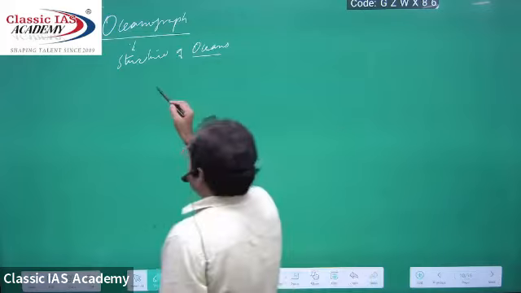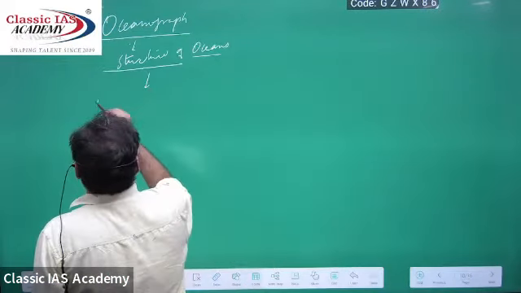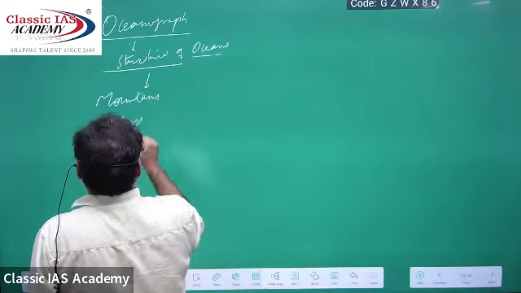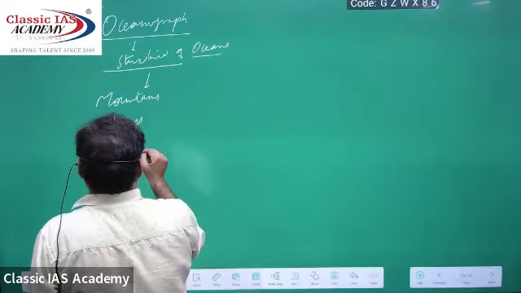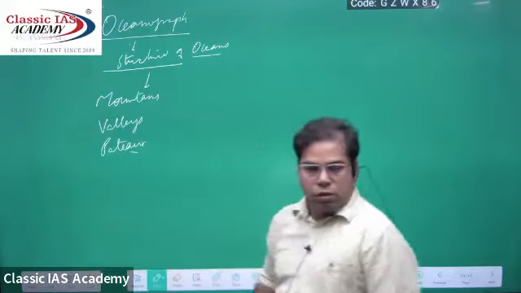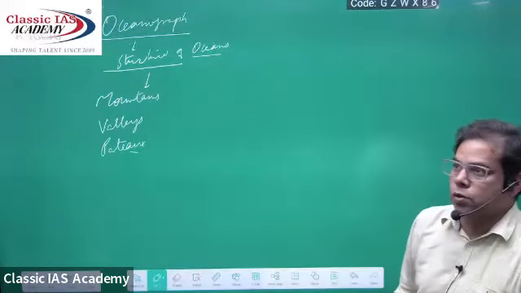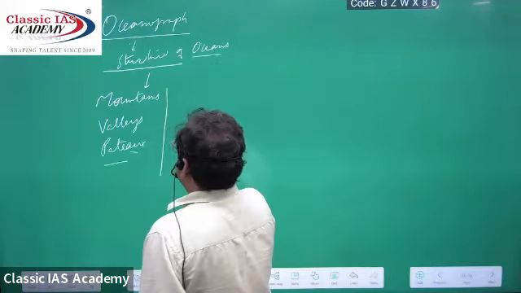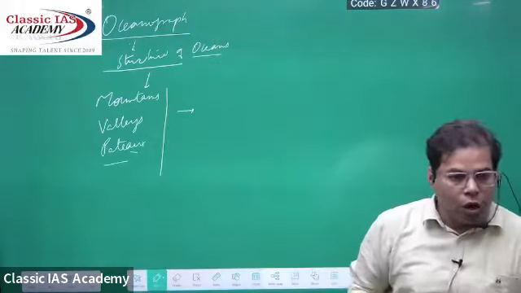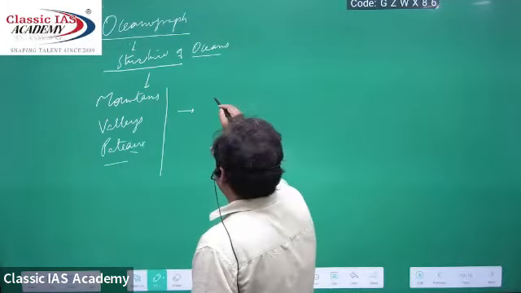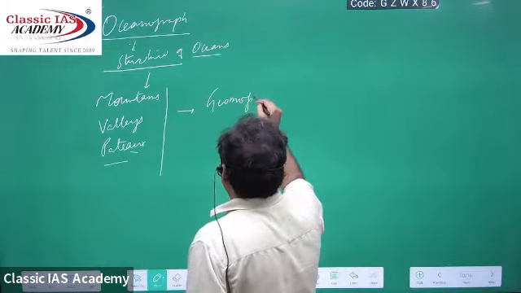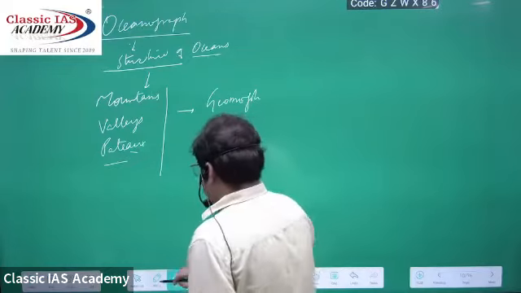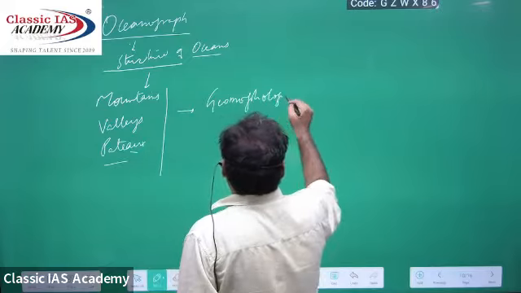For example, there are mountains, valleys, and plateaus on the surface of the sea floor. Mountains, valleys, and plateaus: how are they formed? Again, we come to geomorphology concepts.